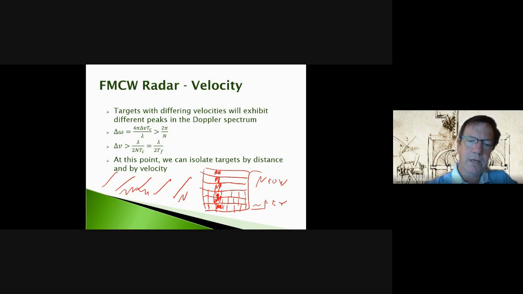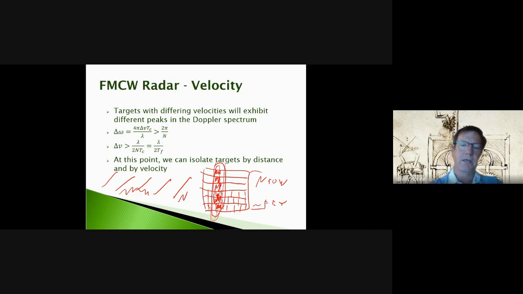So now let's look at the phase difference, and do an FFT in this dimension, along those, right? Now we are able to identify different peaks in what we call the Doppler spectrum, right?